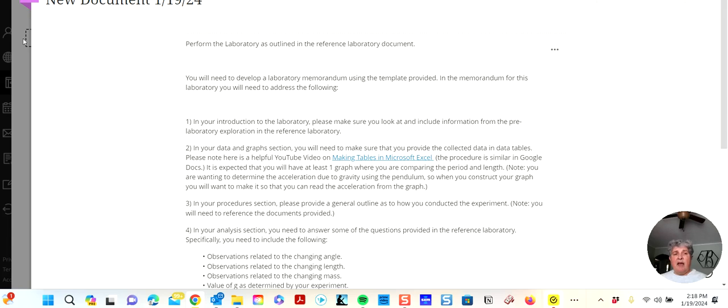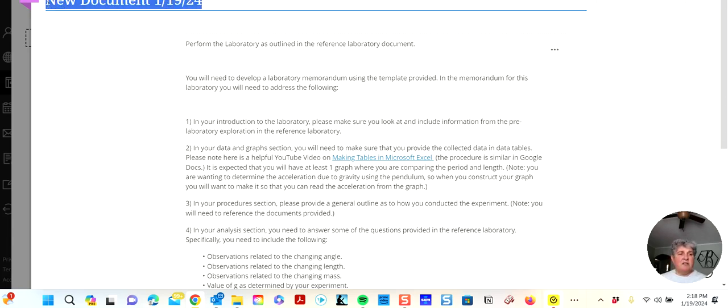So you will have that here in the document. I'm going to go ahead and edit this. This is what is expected in the laboratory memo. So now you have that as well.